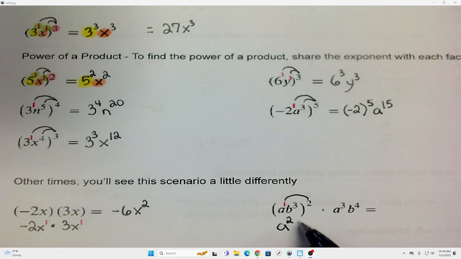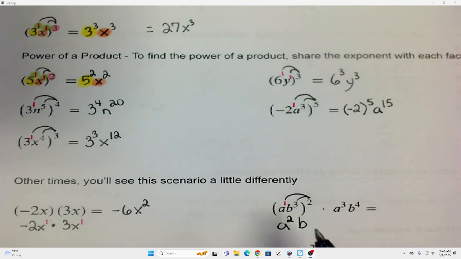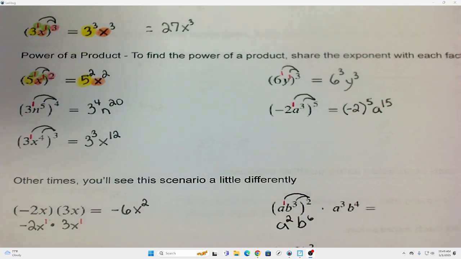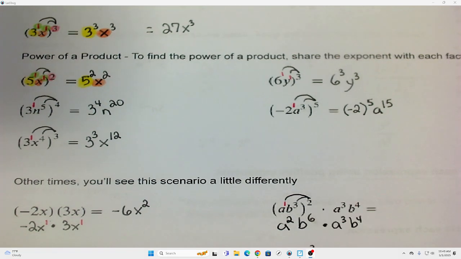We see another base, copy it down here, and then multiply the inside by the outside exponent, right? So 3 times 2, that gets us 6 right here. So what we did is we got rid of the parentheses, and now this just falls down. And now we no longer have the parentheses.